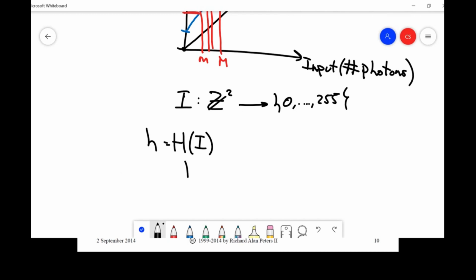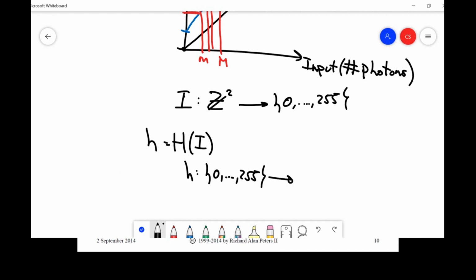But what is the output? What is the range, or the domain, sorry? The domain are gray values.